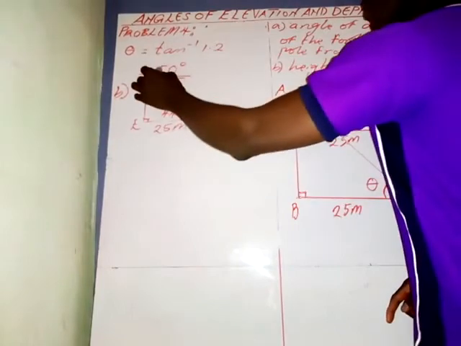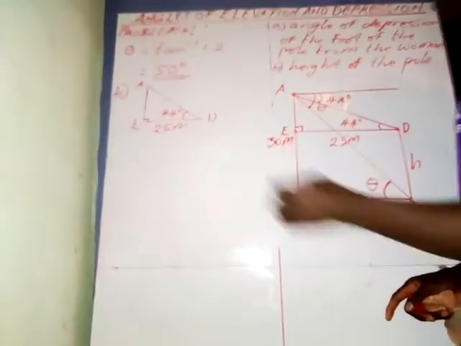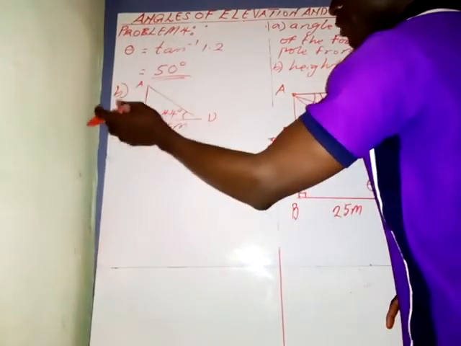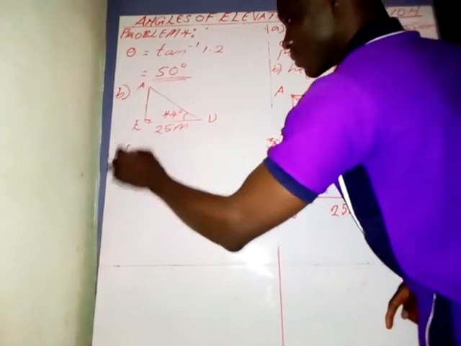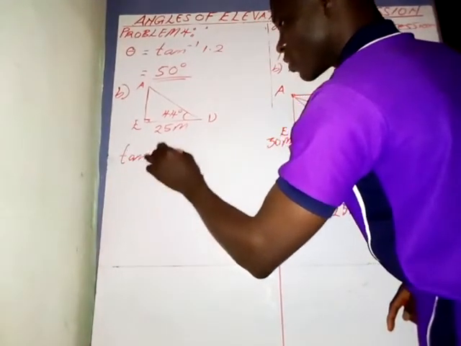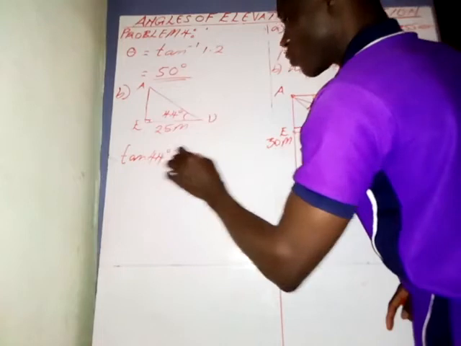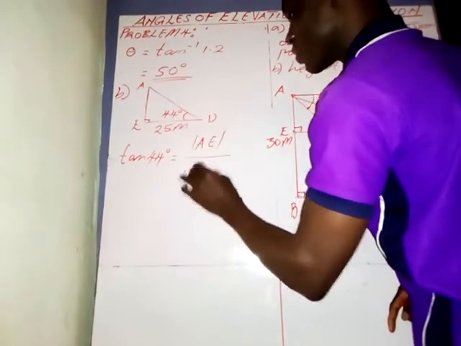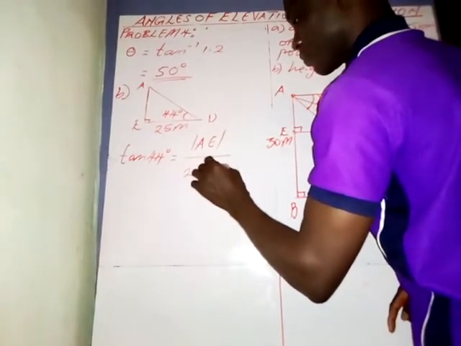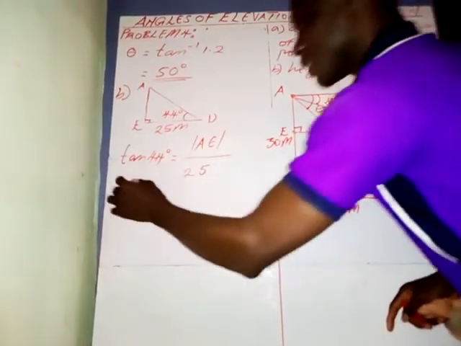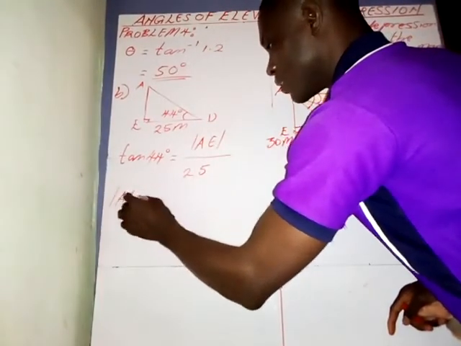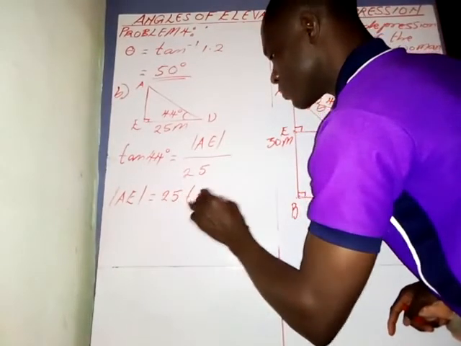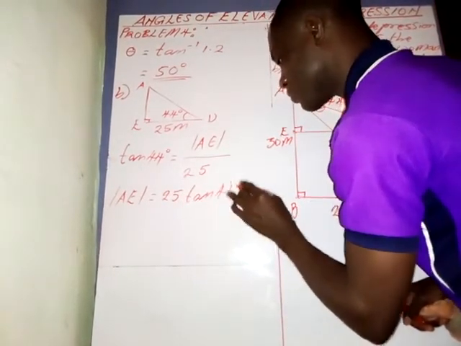I want to get the value of AE, which is opposite to this angle, and then we have the adjacent. So I will still make use of tangent, or tan. We have tan 44 degrees equal to AE over 25. Then I will cross multiply. So AE is equal to 25 tan 44 degrees.